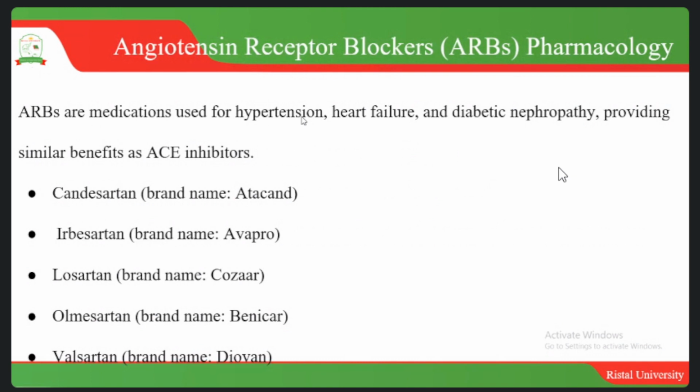So angiotensin receptor blockers are providing similar benefits as ACE inhibitors. So the way they function is just like the same. The ARBs, angiotensin receptor blockers, for them they block the receptors.